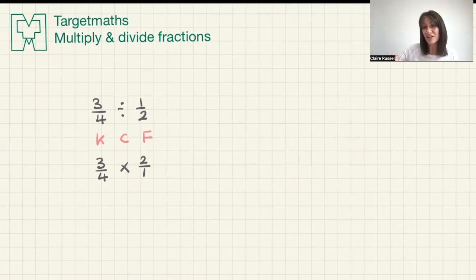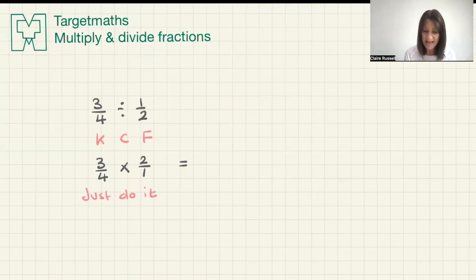I've changed the fraction to its reciprocal, and that now has written me an equivalent question, which means the answers would be the same. You could test it in a calculator. Put 3/4 divided by a half in, put 3/4 times by 2 over 1 in, and you will get the same answer. And obviously by doing this, I have created a just do it question.